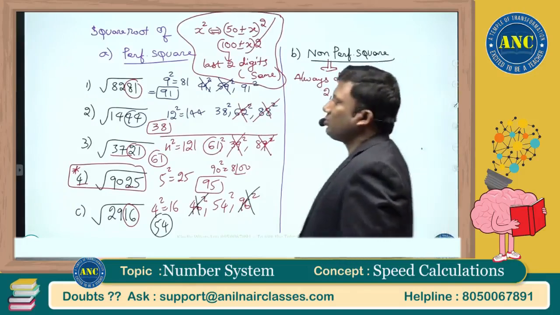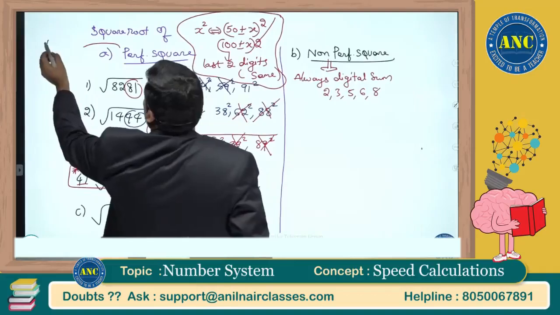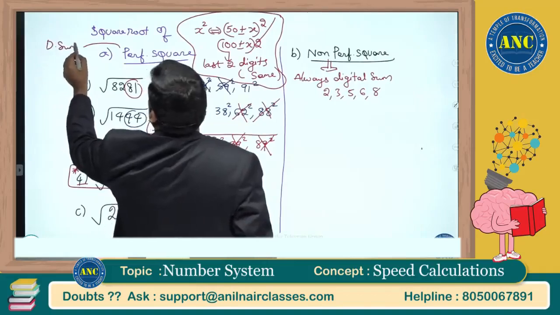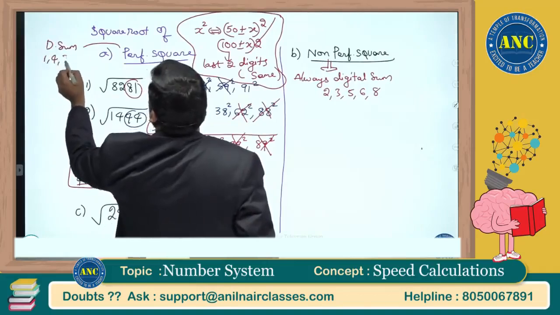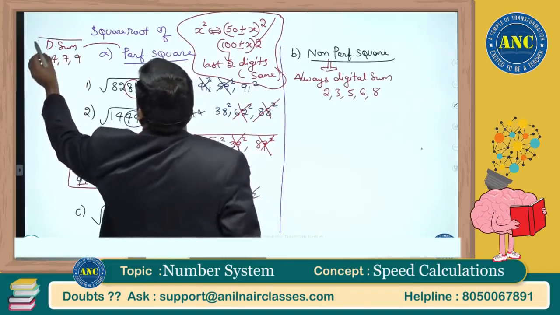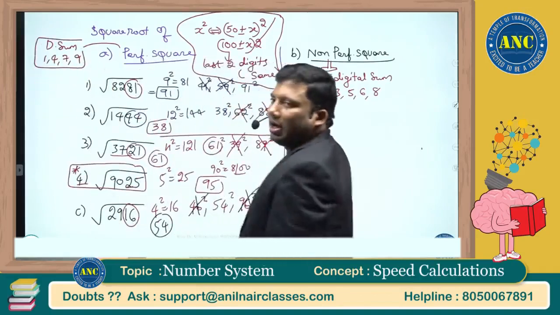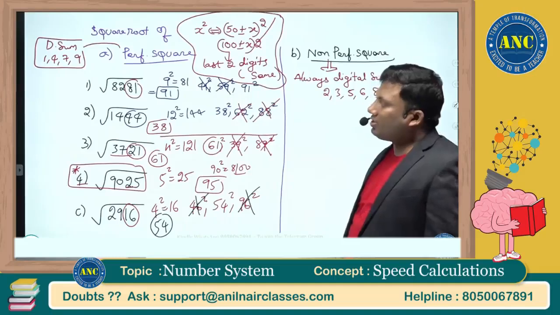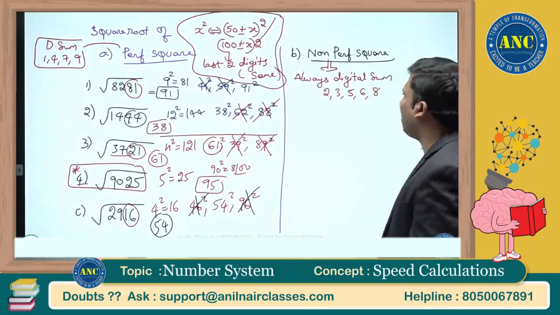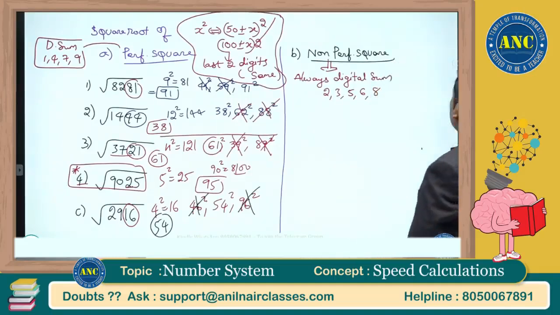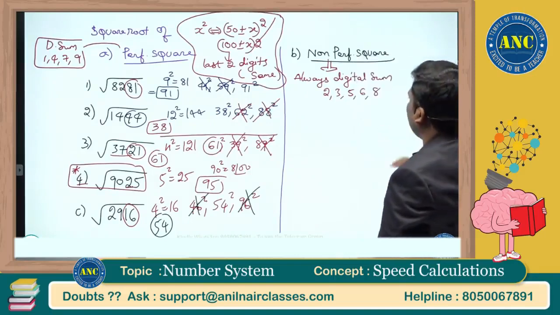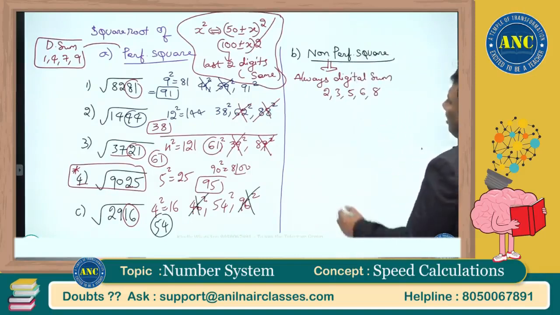A perfect square will always have a digital sum of 1, 4, 7 or 9. The remaining will be non-perfect squares. A perfect square always has a digital sum 1, 4, 7 or 9. A non-perfect square always has a digital sum 2, 3, 5, 6 or 8.